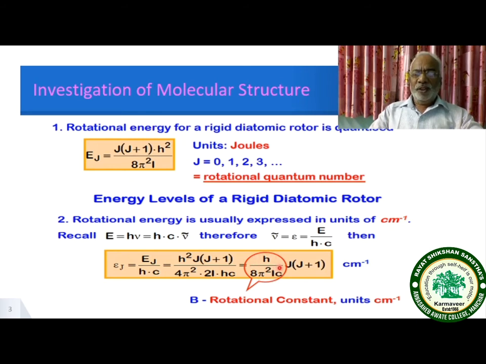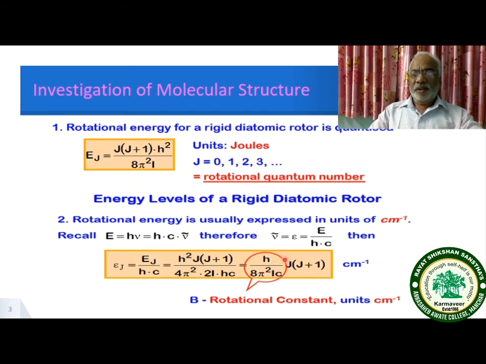If the molecule is known for study, then its masses will remain the same, because it is also assumed here that during rotation the masses will not change, as well as the bond length will not change, and that's why this mu and r are constant, and hence the quantity obtained from mu and r as mu r square, that is I, is also constant.